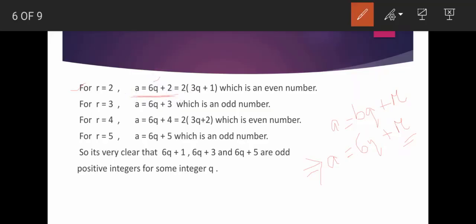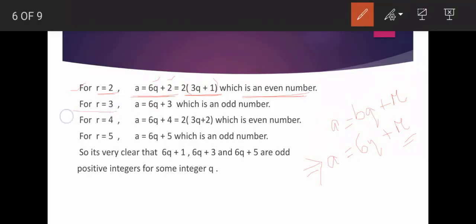From both these two parts, we can take out 2. Within the bracket, 3q plus 1. Since in this expression 2 comes as a factor, therefore this is an even number. So for remainder r is equal to 2, a becomes an even number.